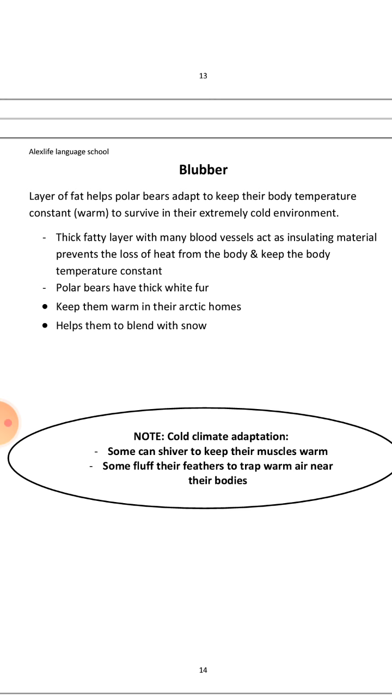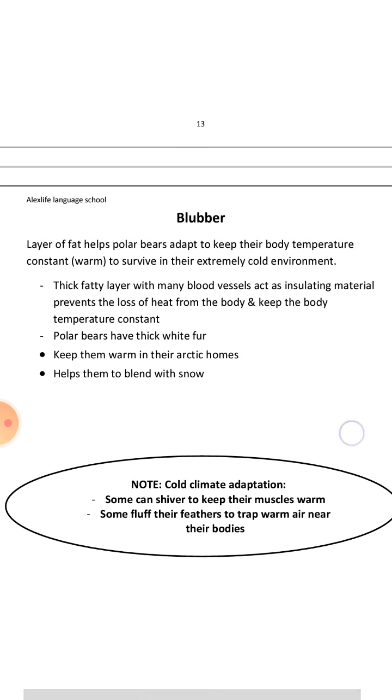This is because the piece of fabric is an insulating material, preventing the heat transfer from the cooking pot to my hand. Okay, so we have an insulating material that may be a piece of fabric, fats, and so on, that prevents the loss of heat from the body and keeps the body temperature constant.